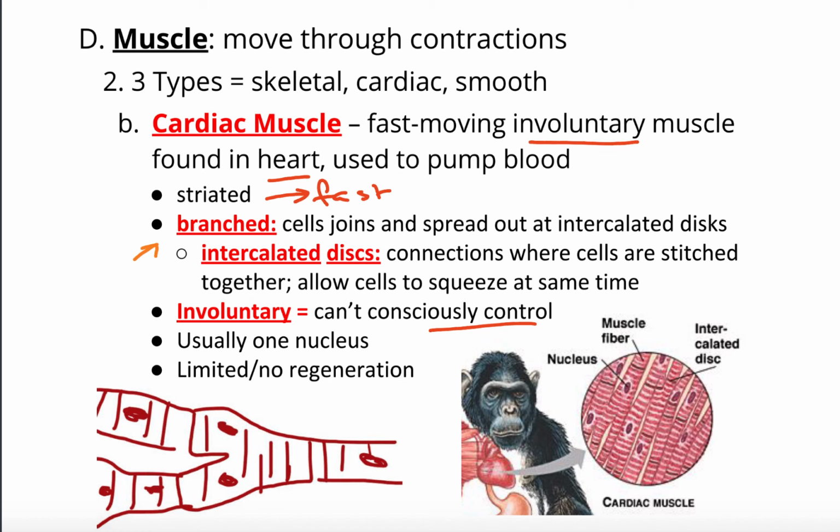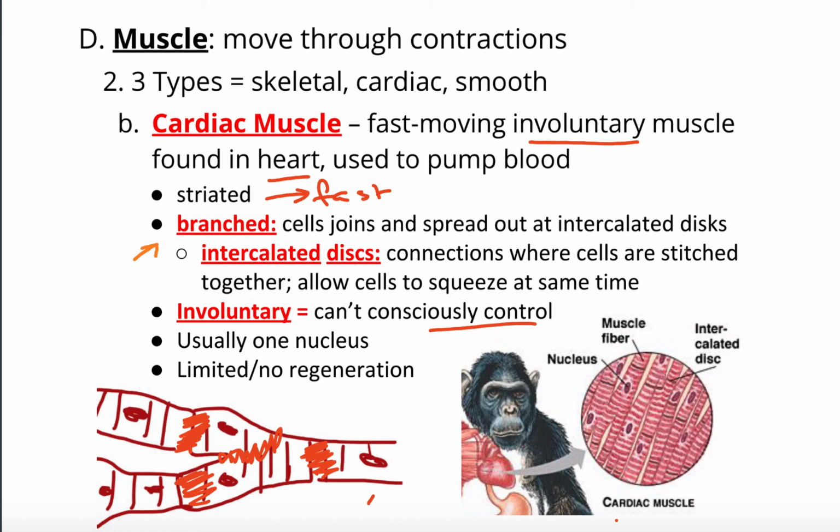So this picture kind of sucks, but that I drew over here. But basically, imagine these as separate cells, and then they have kind of thick wriggles between them. Each of these thick wriggles are basically stitches that help tie the cells together but still keep them their own cell.